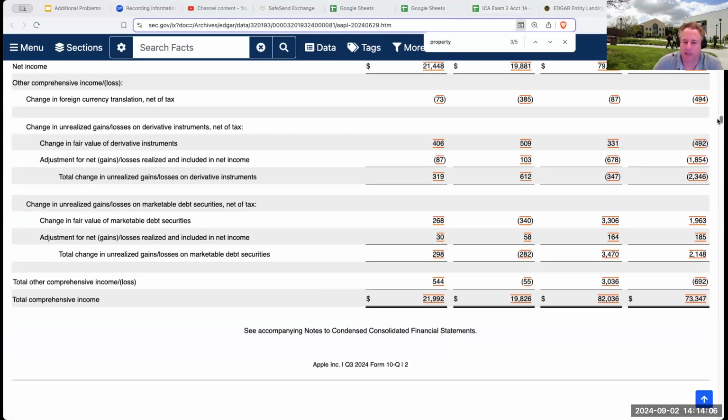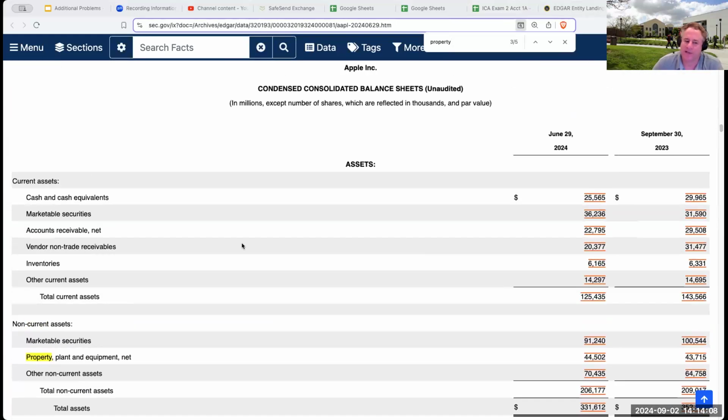What does that mean? It means that for assets and liabilities, if we're going to be using that asset in the next year, it's what we call a current asset. If it's beyond a year, we're going to call it a non-current asset. You'll sometimes hear it referred to as long-term, but the SEC prefers non-current.